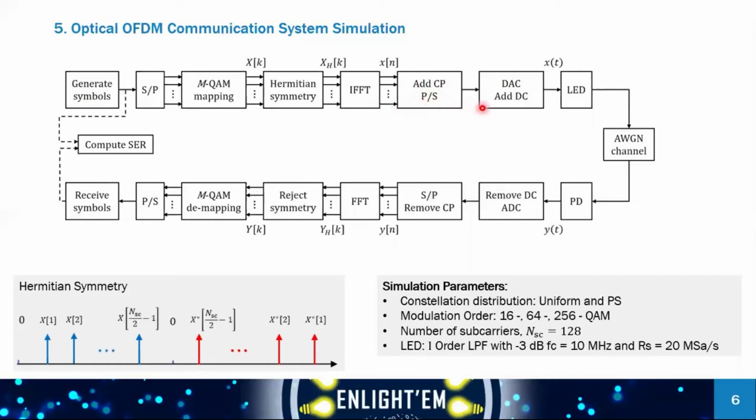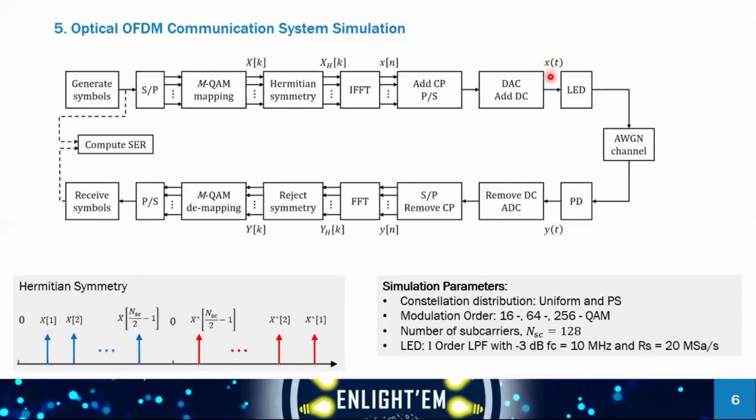To ensure the unipolar time domain signal required for intensity modulation of the light emitting diode, a DC bias is added to the continuous time domain signal. The real unipolar time domain signal x(t) is then used to drive the LED.